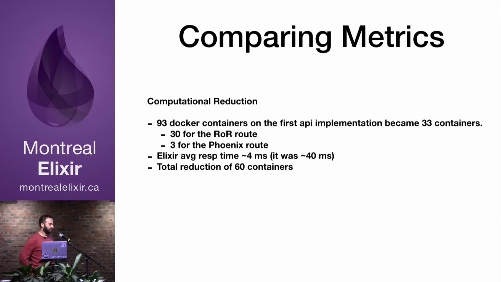So we had a really big component reduction. In the image I showed before, we reduced from 93 Docker containers on the first API implementation to only 33, of which 30 were just for the Ruby on Rails route. And to handle that heavy route with a lot of throughput, we had only 3 containers built on Elixir, with 10 times faster API response.